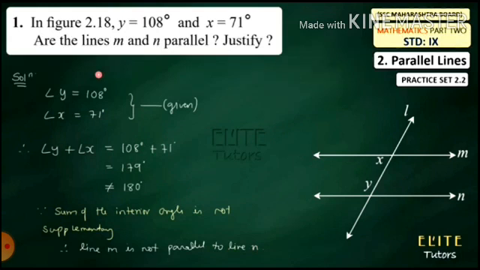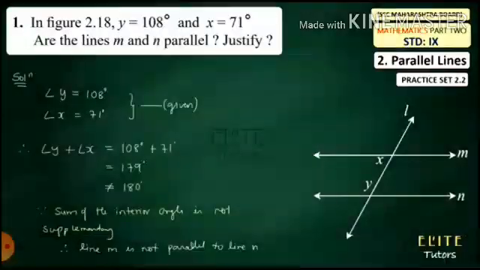We have discussed the interior angle test: if the sum of the two interior angles is supplementary, the lines are parallel. Angle y and angle x are interior, but the sum of these two angles is 179 degrees, which is not equal to 180 degrees. So here lines M and N are not parallel to each other. We have completed question number 1.